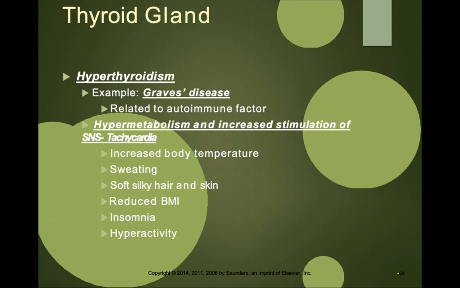Metabolism is much, much faster, so there's increased body temperature, increased sweating, soft, silky hair and skin. They start to lose weight. They'll say, no matter how much I eat, I just can't put on any weight. Insomnia and hyperactivity. That's hyperthyroidism.